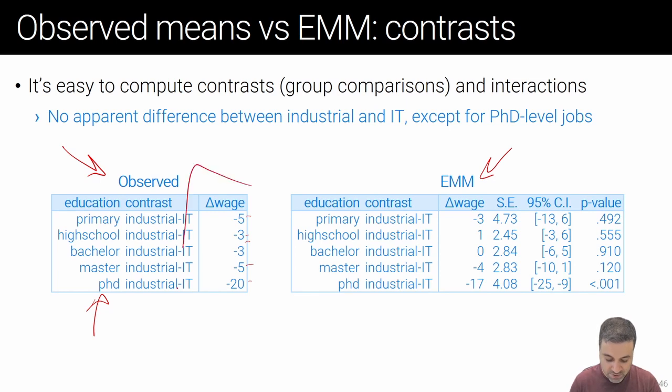From the observed scores, it looked like in all education levels the IT jobs have a higher salary, because this is always negative. But if we look at the model, the picture changes. For primary education, yes, it's -3, but look at the confidence interval and p-value.